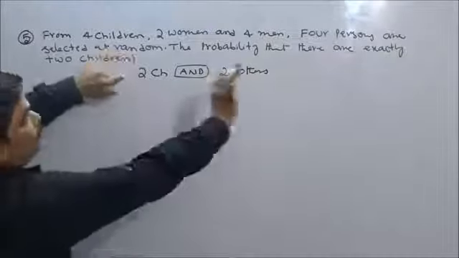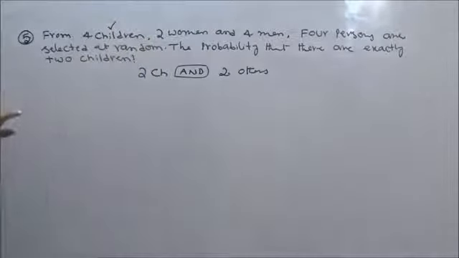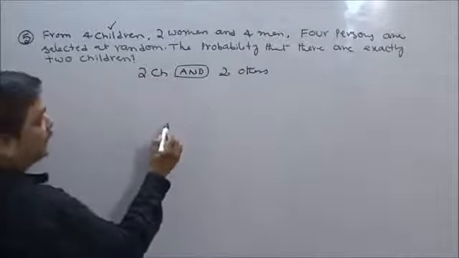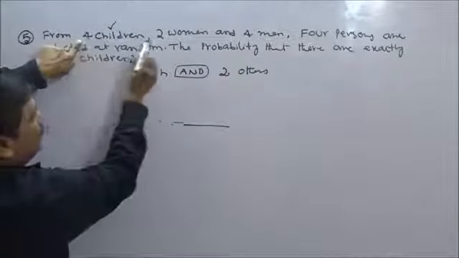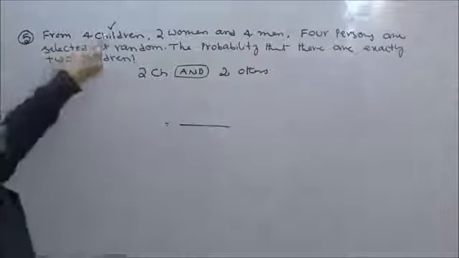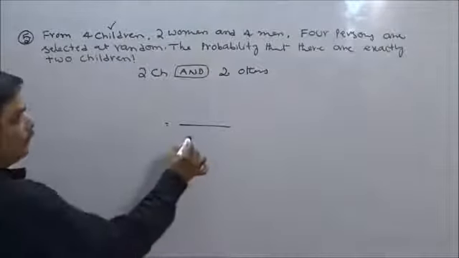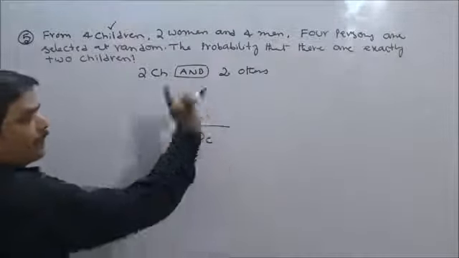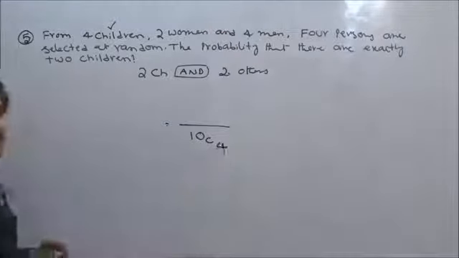Now here 2 children. How many children are there in total? 4 are there. Right? But before that, what is the sample space, students? Directly you go for this one. 4 are selected from 4 plus 2 plus 4, that is 10. It should be 4 children, 2 women, 4 men. Total 10 persons are there. From 10 persons, combination of 4.